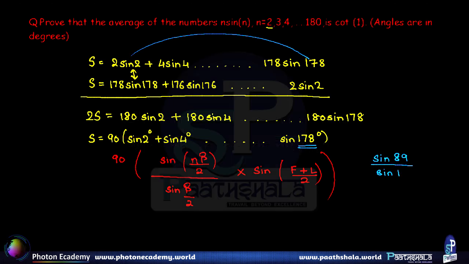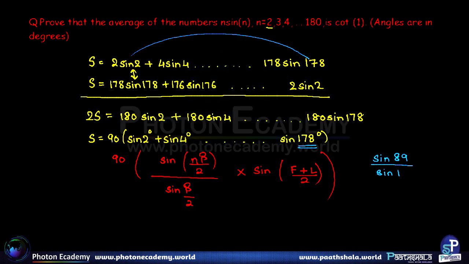And then the first term is 2 and the last term is 178. So 178 plus 2 is 180. 180 divided by 2 is 90. And we know that sine of 90 is 1. So sine 90 will become 1.